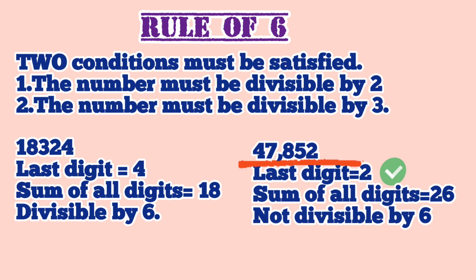The total is 26. 26 is not divisible by 3. So, although it is divisible by 2, it is not divisible by 3. So, the final answer is 47,852 is not divisible by 6. There is no need of long division to check the divisibility rule of 6.